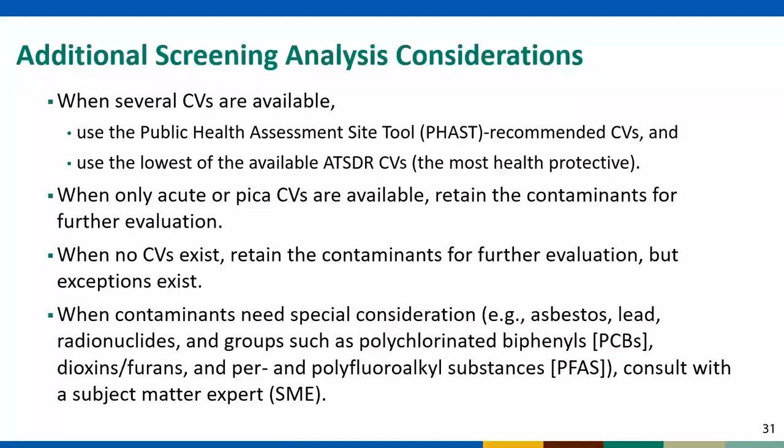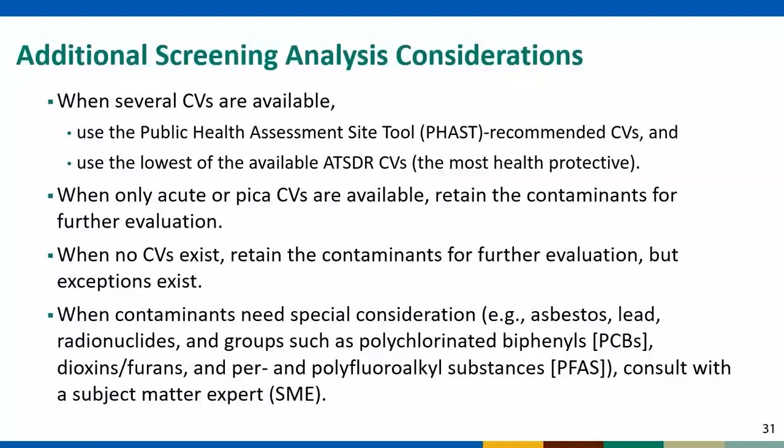Sometimes, when there are no CVs or non-ATSDR screening levels, there are exceptions where the chemical is not carried any further in the assessment. For example, essential nutrients such as calcium, iron, and magnesium are typically not harmful under most environmental exposure scenarios, and you may not want to carry them for further analysis.